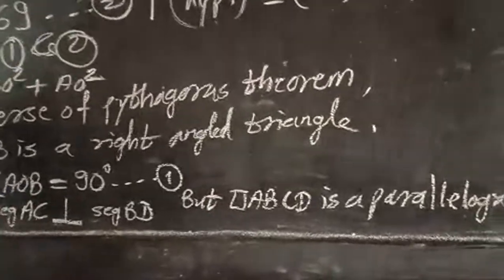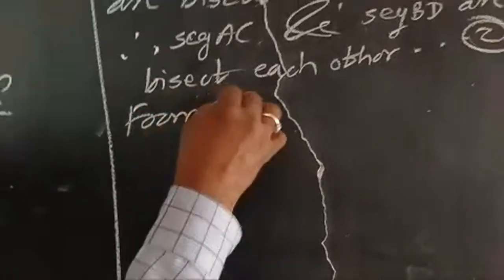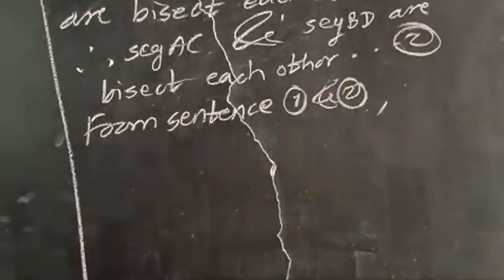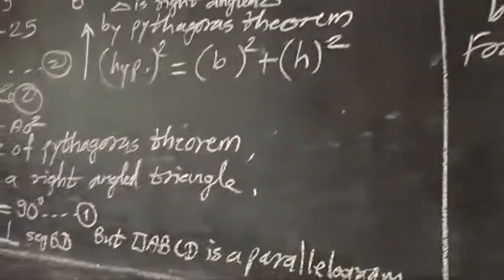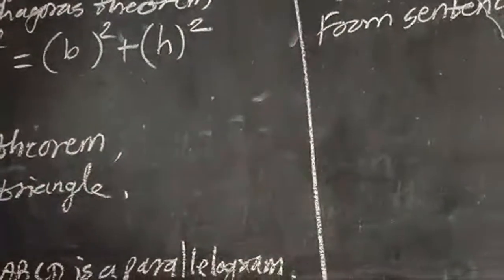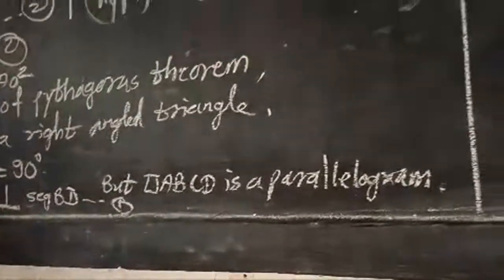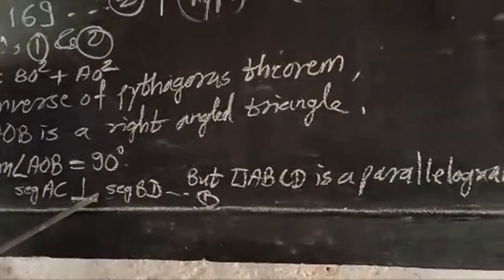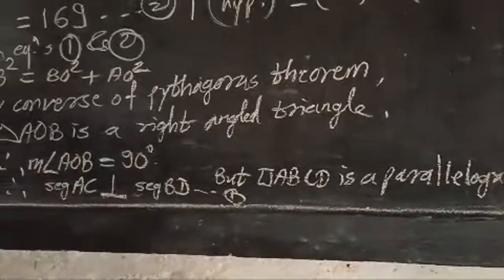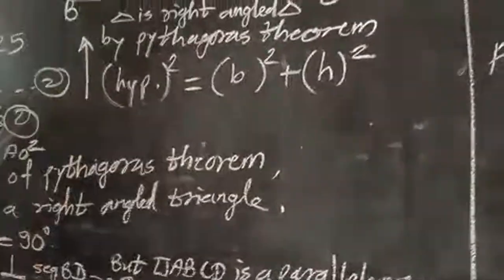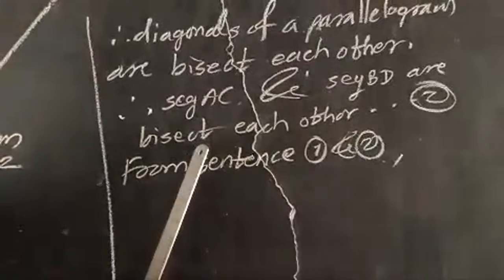From sentence 1 and 2, segment AC and segment BD are perpendicular, and segment AC and BD bisect each other.